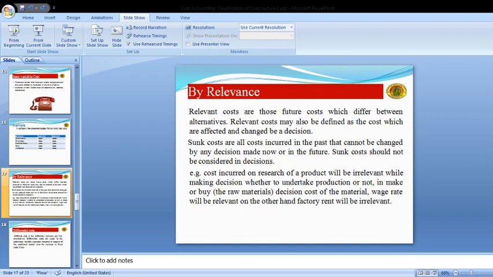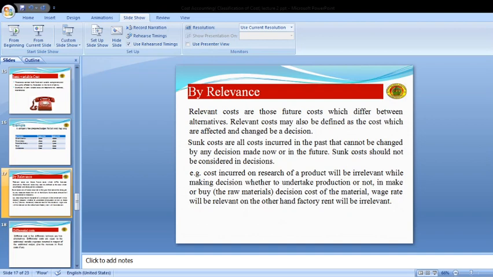If you launch the product, the cost of manufacture will be 25 lakhs. And we are expecting a revenue of 30 lakhs. I will just repeat the figures again. R&D cost is 10 lakhs. Manufacturing cost is 25 lakhs. The revenue likely to be generated is 30 lakhs.